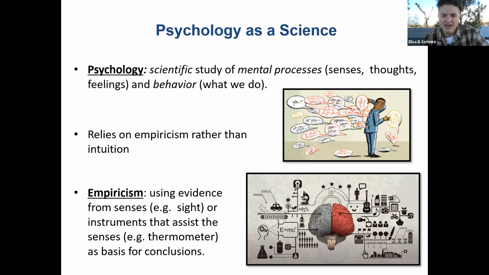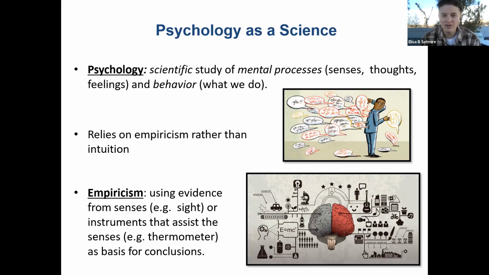But psychology relies on empiricism rather than intuition. It's a very empirical study, right? Using evidence from our senses or from instruments that assist the senses as a basis for our conclusions. So rather than using things that are a little bit more subjective or intuition based, we're trying to use things that are more objective and a little bit more empirical.